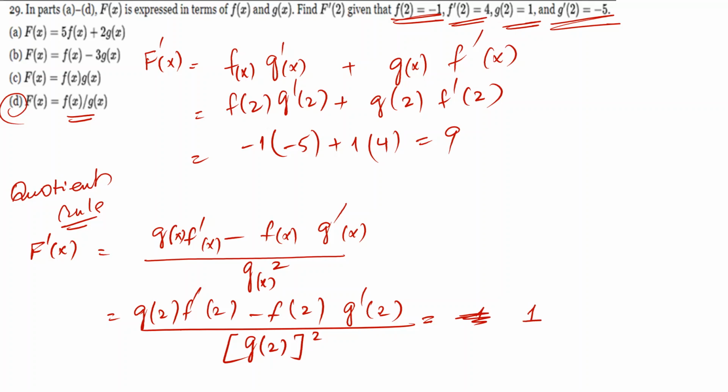F prime of 2 is 4 minus f of 2 is -1. So negative, negative, positive. And g prime of 2 is -5 over g square, meaning g of 2 is 1 square. So 4 minus 5 is -1. -1 divided by 1 gives us 1. So this is the way we solve such questions.